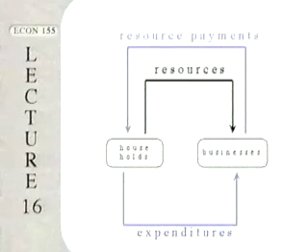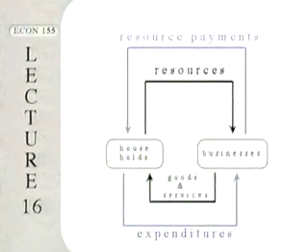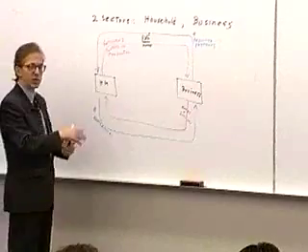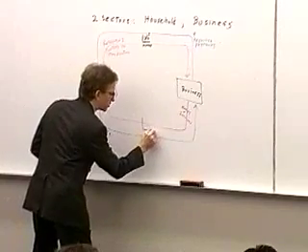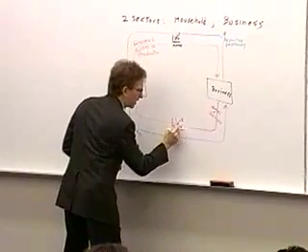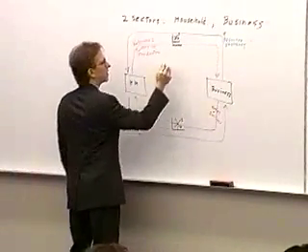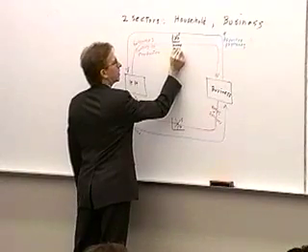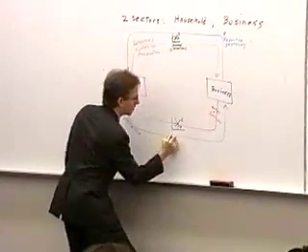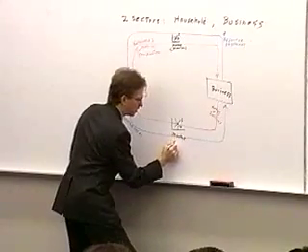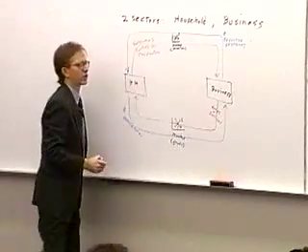And receive in return goods and services. The household sector meets the business sector in this market for goods and services, and I'll again draw supply and demand, and there's where prices get determined and quantities and so forth. And this is a goods market, or goods and services market.